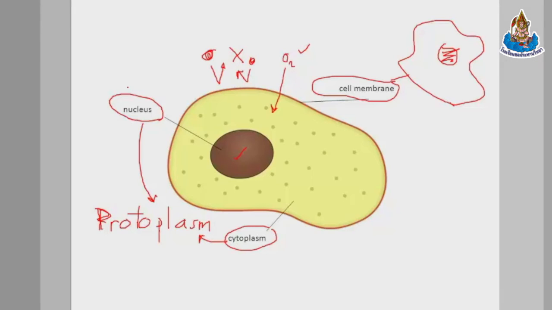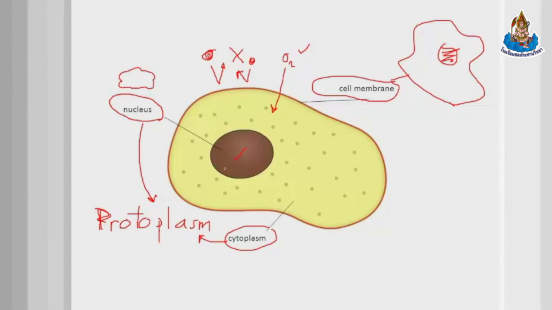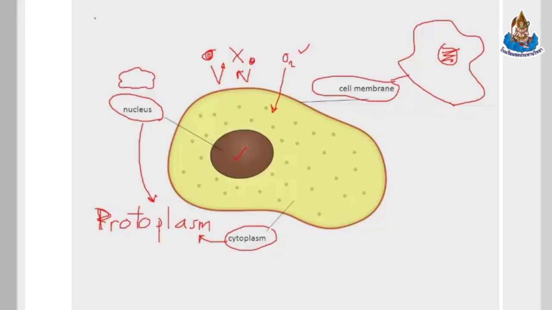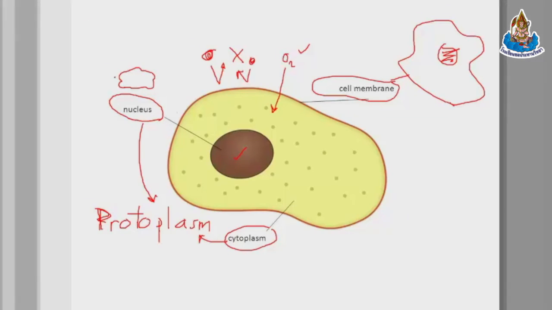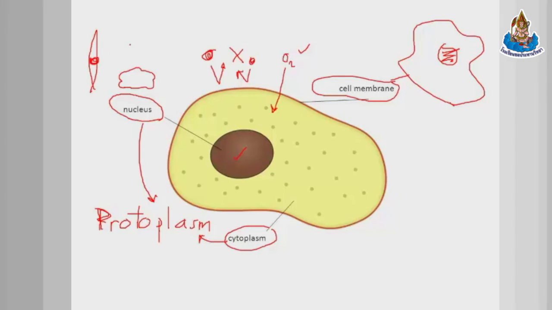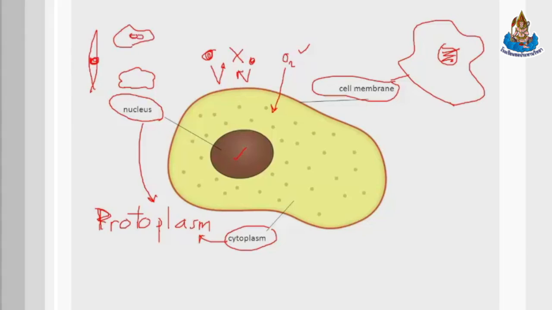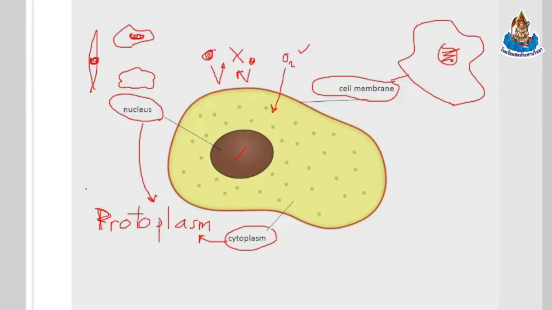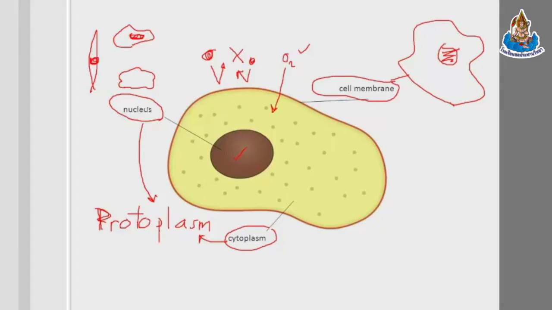How does the cell look? What is the activity of the cell? All of it is controlled by the nucleus. And the cytoplasm is where chemical action in the cell is found.